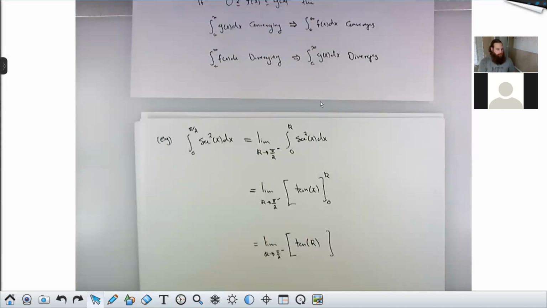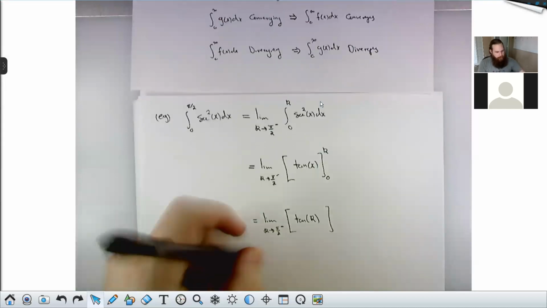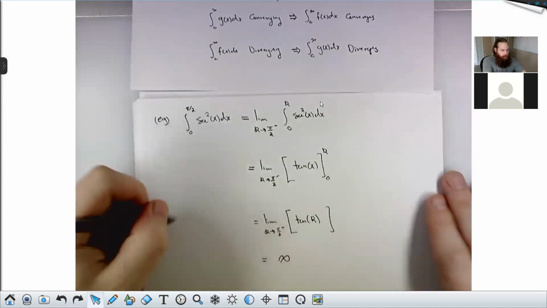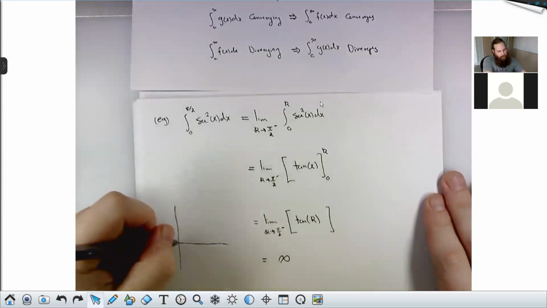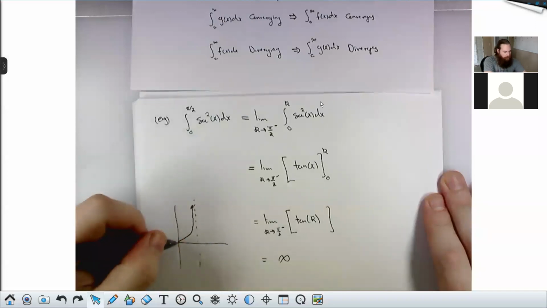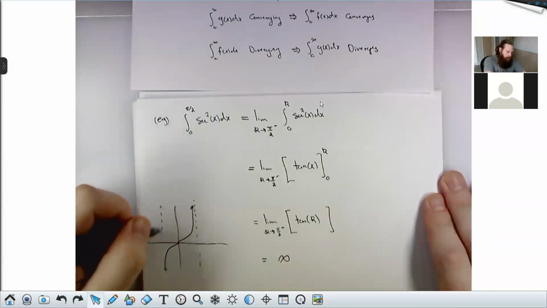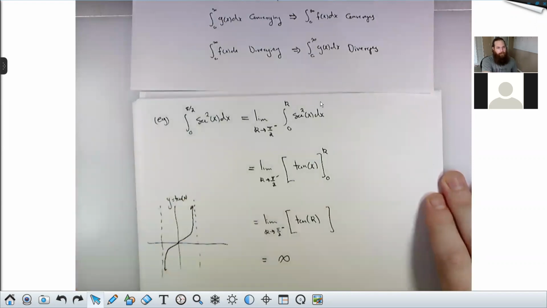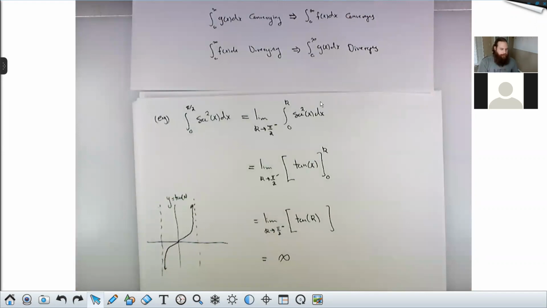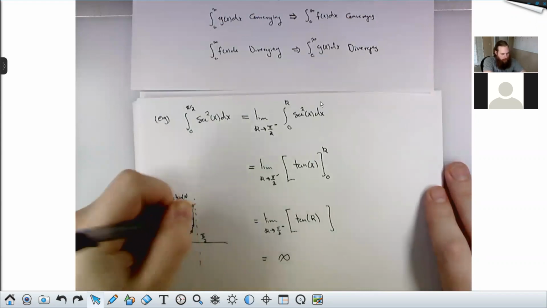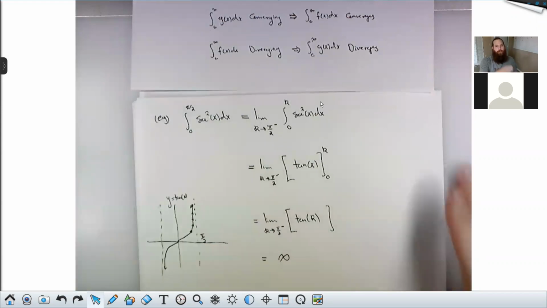Yeah, it blows up. It blows up to plus infinity because the graph of tangent, remember, from negative pi over 2 to pi over 2 looks like this. So if I sneak up on pi over 2 from the left, that means I'm walking up here. So I'm going up to plus infinity.